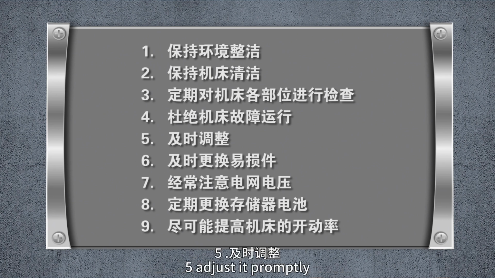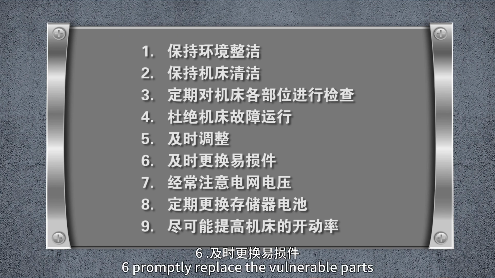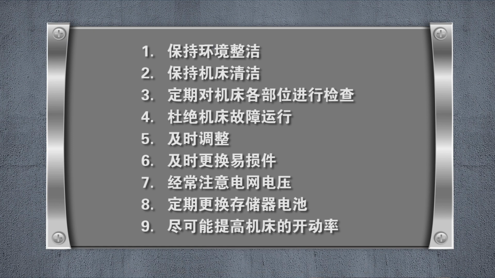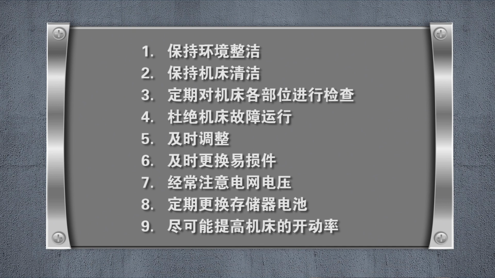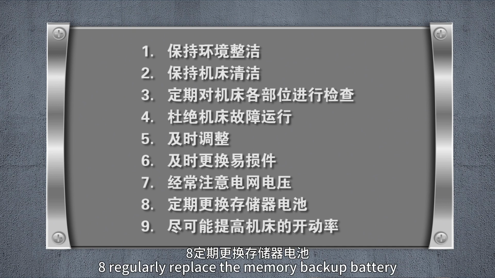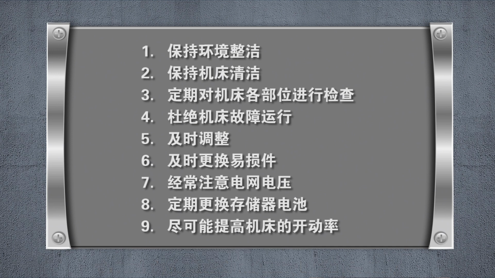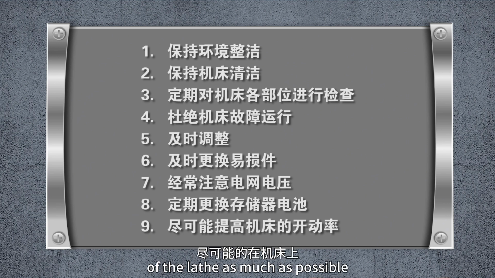Adjust it promptly. 6. Promptly replace the vulnerable parts. 7. Pay attention to the voltage of the grid frequently. 8. Regularly replace the memory backup battery. 9. Enhance the starting rate of the lathe as much as possible.